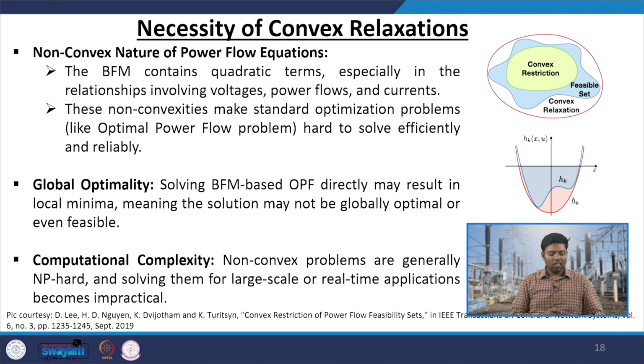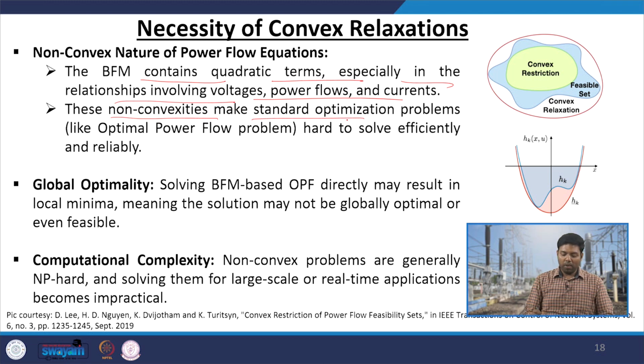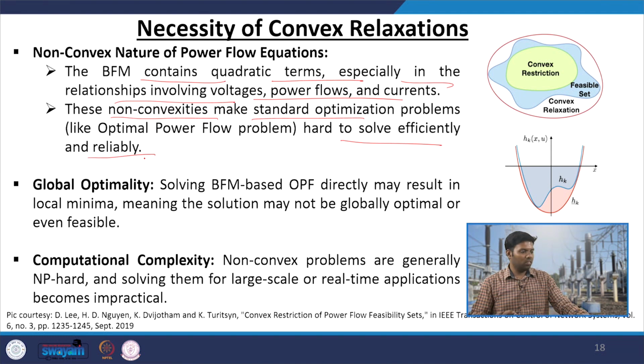So, for that you need to simplify the non-convex nature of the power flow equation. So, the BFM contains the quadratic terms, especially in the relationship involving voltage, power flow and the current, what you have seen. These non-convexities make the standard optimization problem like the OPF problem hard to solve efficiently and reliably, because you will not get a unique solution.